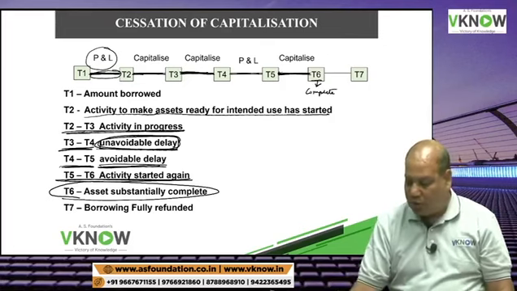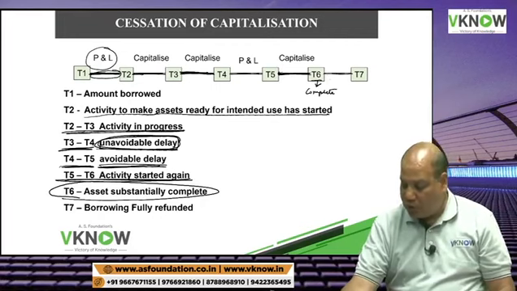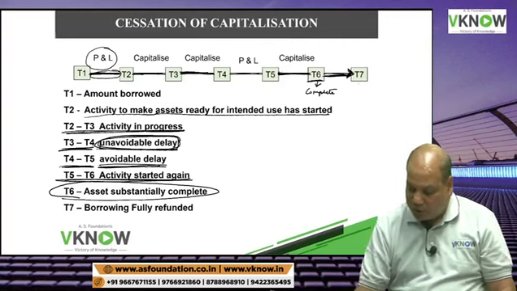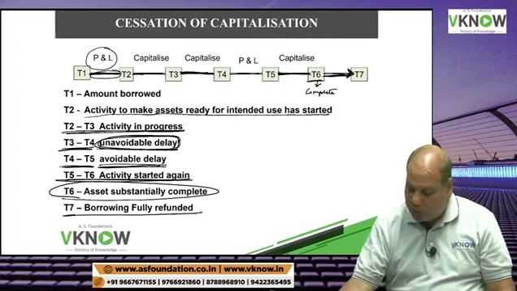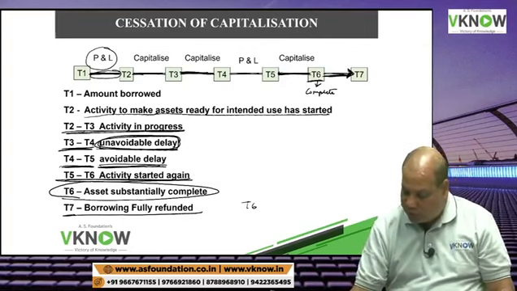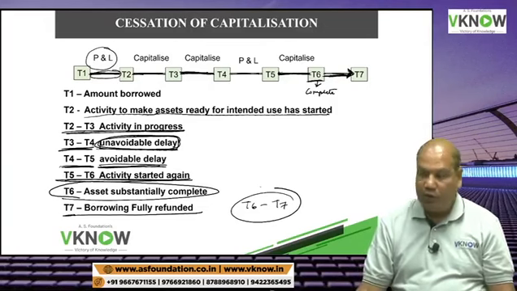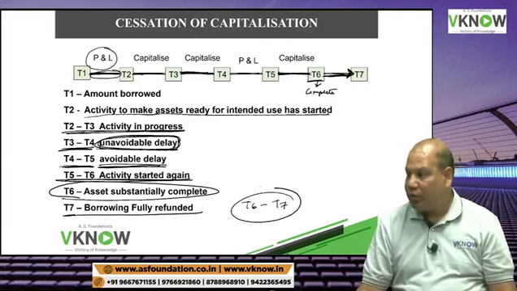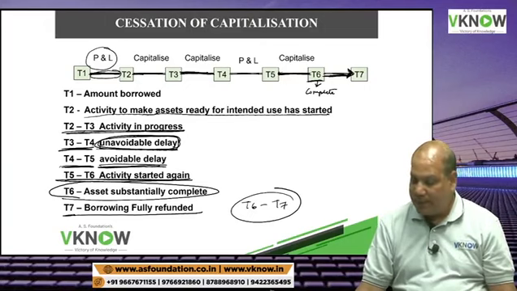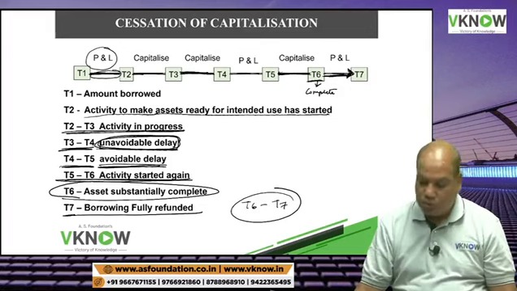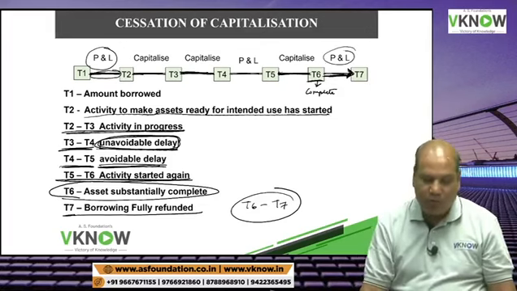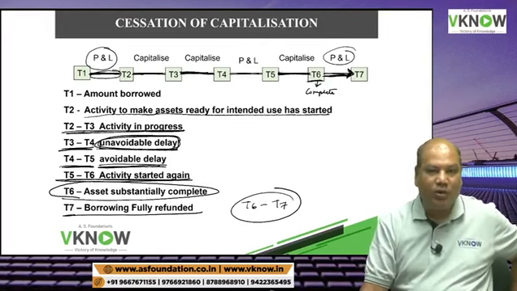But you are still paying the interest even after the asset is complete. At T7, the borrowing is fully refunded. So what happens between T6 and T7? The borrowing cost will be charged to P&L account.